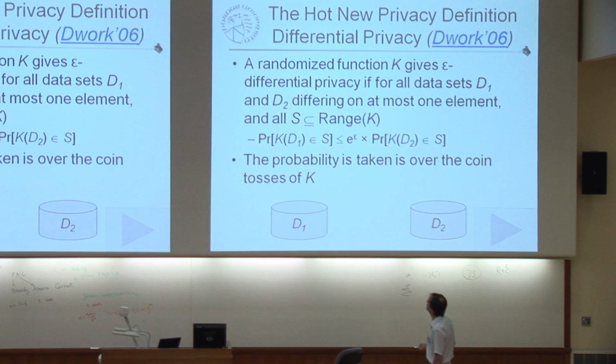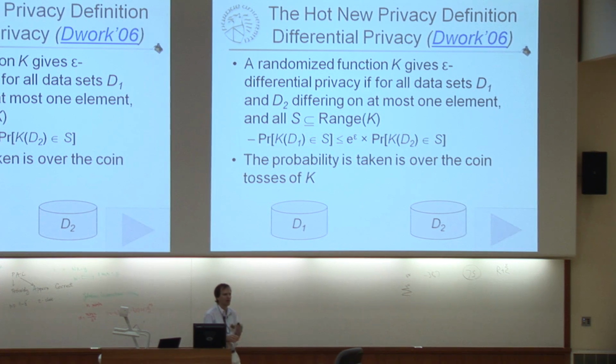Within some multiplicative factor. Basically, the idea is that what I see is likely to be a particular result with some probability, and within some factor for D2, I'm likely to see the same outcome. This is nice because for any two individuals, as an individual, I might have been removed from that database and you wouldn't be able to tell it apart.